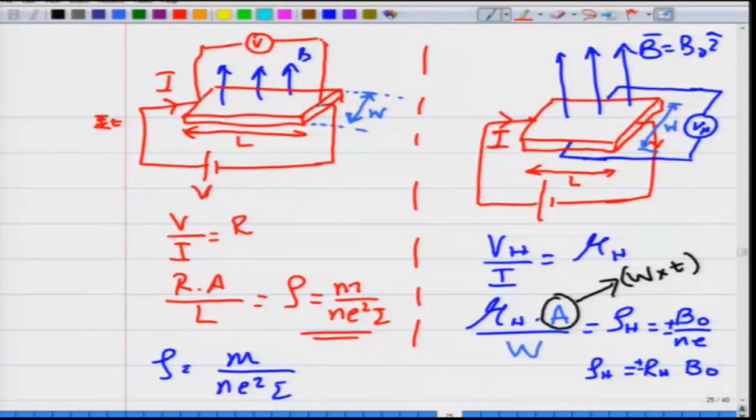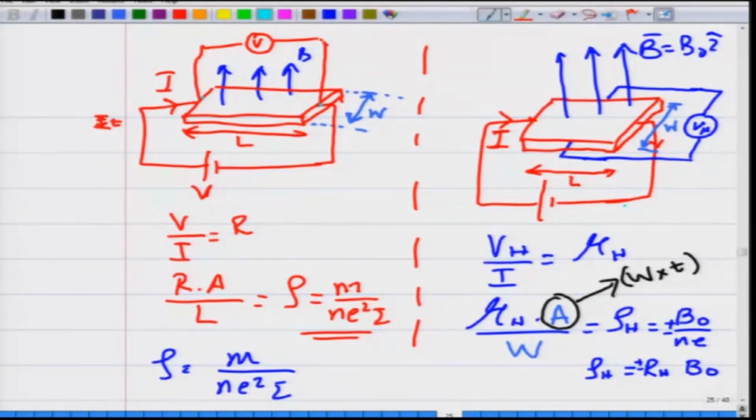When you are looking at transverse conductivity, which is because of the Hall effect, which I have already explained to you, here you have a sample which has dimensions of length L, a width W and a thickness T. You place this sample in a perpendicular magnetic field and you send a current through the sample, which is shown here through this circuit.